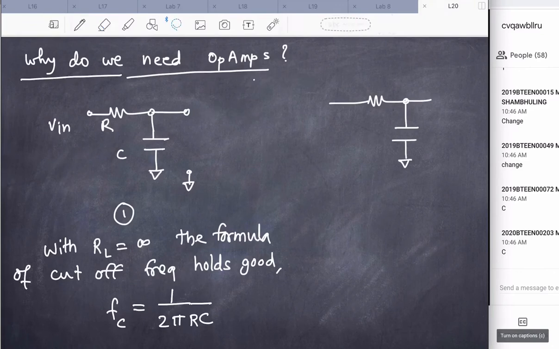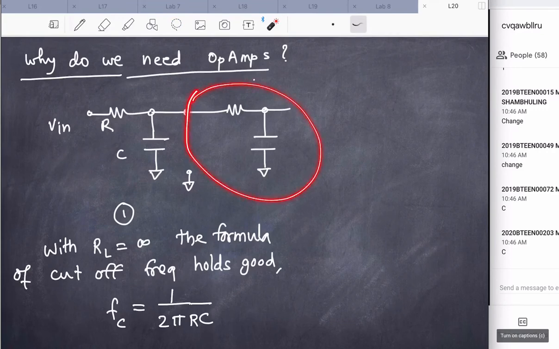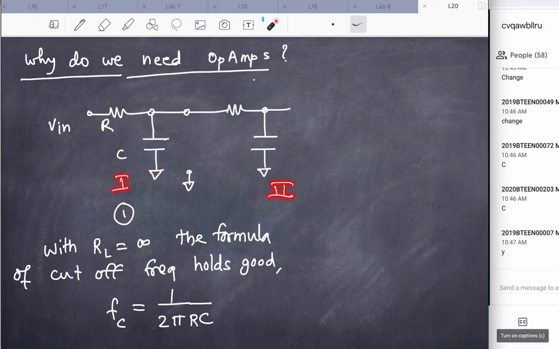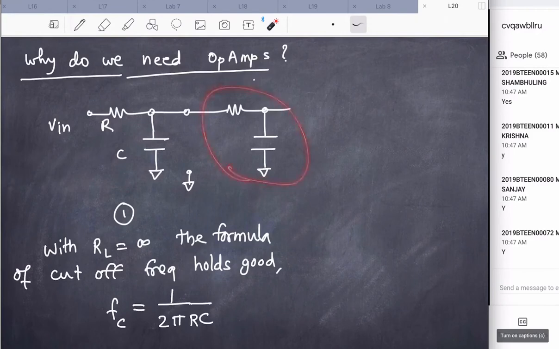Suppose I want to have multiple sections of the circuit, will this circuit work as the load resistance of the earlier one? Yes or no? Second section, will it work as a load resistance of the first section? Yes. So, this fellow will work as a load resistance.